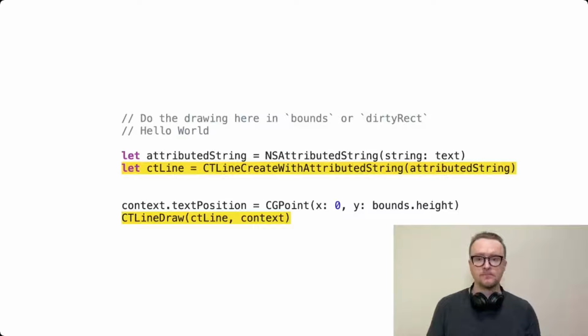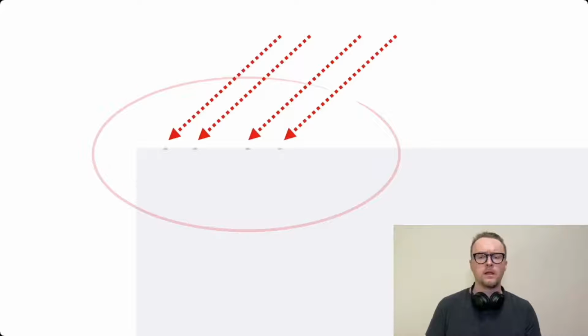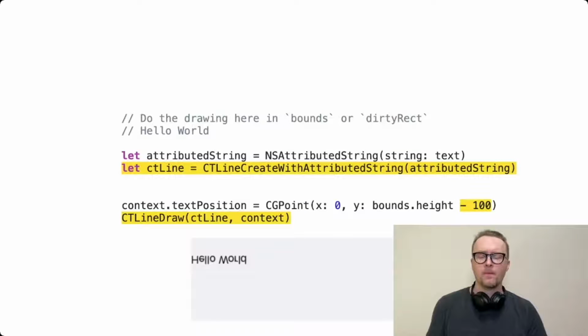And there we go. We have something, but it's not necessarily what we may expect. I expect the text, but instead I can see only these few dots. My text is hello world. Well, okay, let's see.